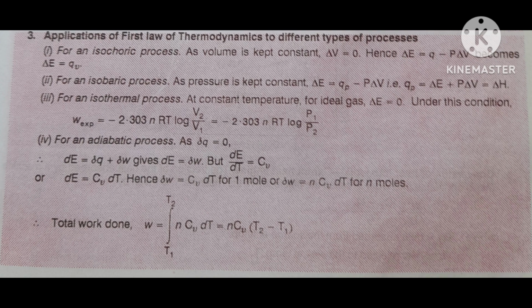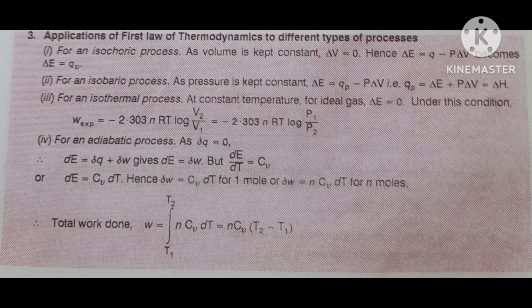Then you will get W is equal to the integral, with limits T1 to T2, down T1, upside T2, of n into CV into dT. Correct? CV value is a constant, its value is fixed, and n value is also fixed. Hence you can keep them outside the integration.